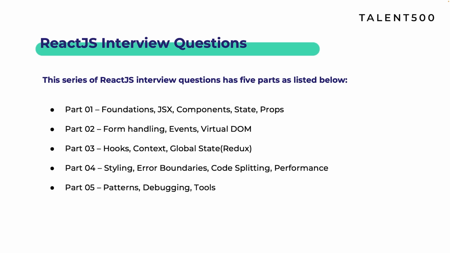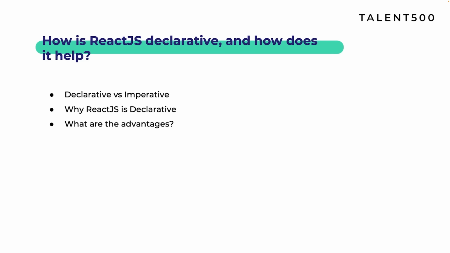In part 4, we'll be talking about styling, error boundaries, code splitting, and performance related questions. And in the final part, we'll be talking about patterns, debugging a ReactJS application, and tools. So there are a lot of exciting things in store for us to discuss. Let's get started with part 1 and the first question of the day.